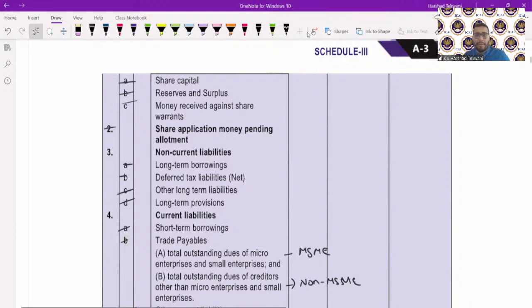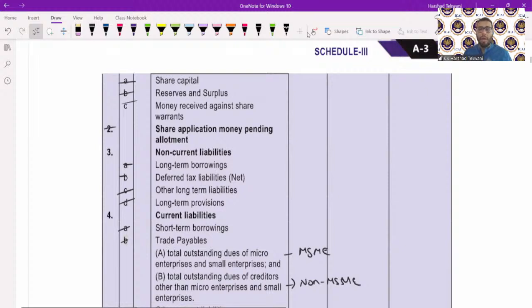Any further doubt, guys? I'll request you to ask as much as you can. It will enhance your clarity. Trust me on this. I know these are topics where you may think, okay, it's more of a theory sort of thing, and fewer practicals are there.